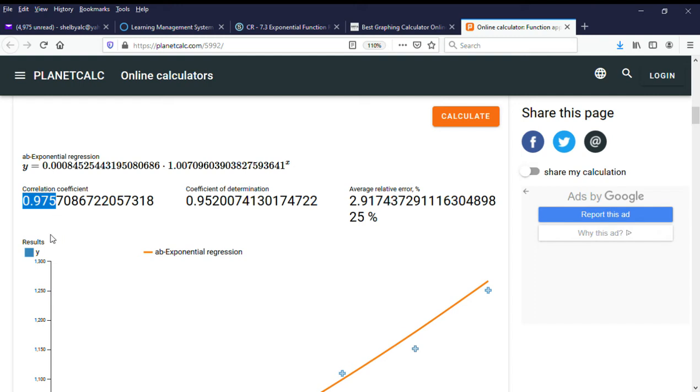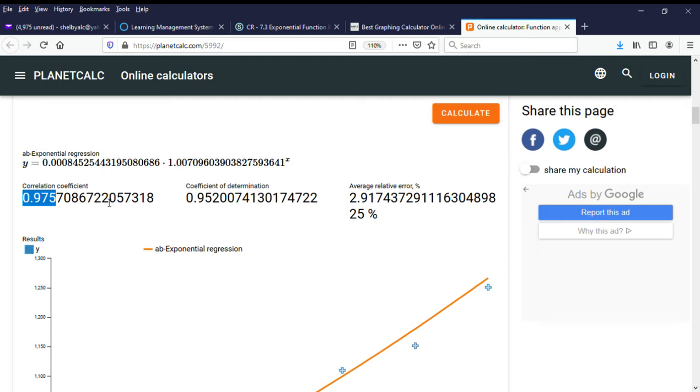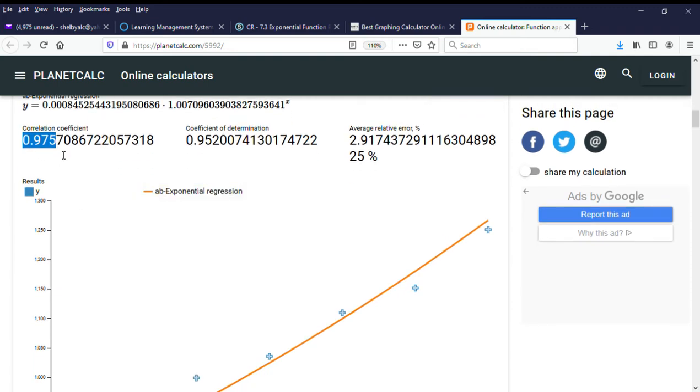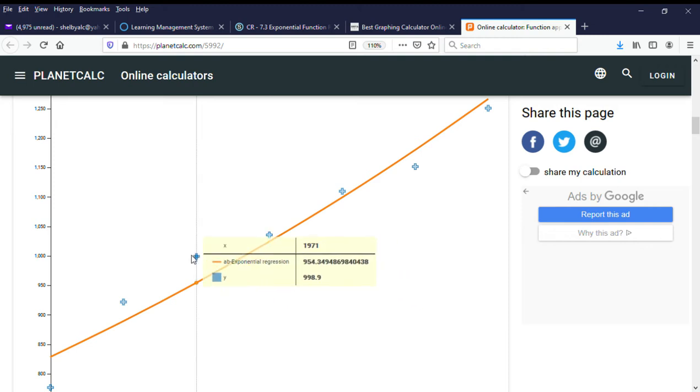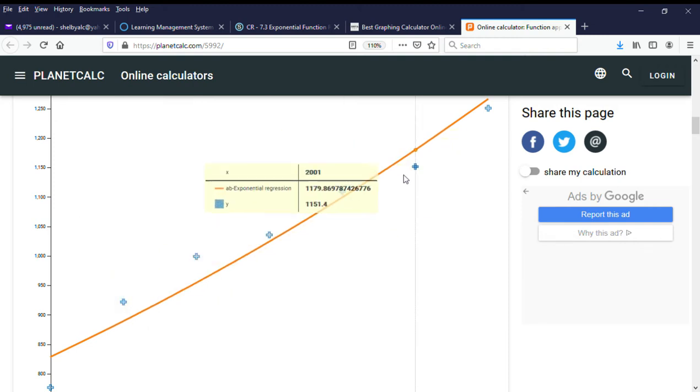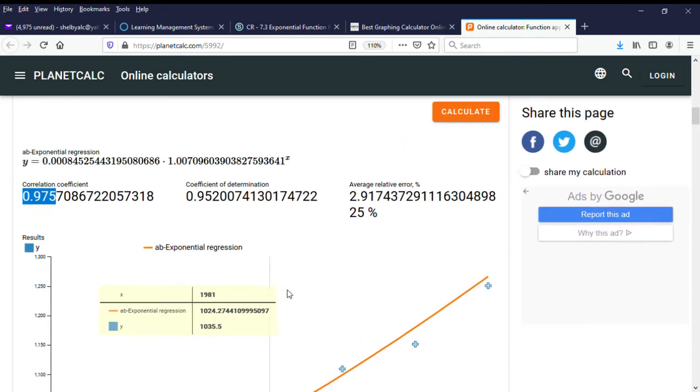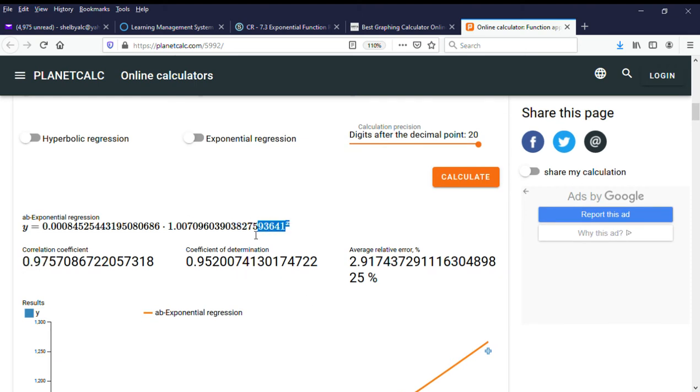That's pretty good. Remember, if the R-squared, or correlation coefficient, is 1, then you've got a perfect fit. So this is saying that the yellow line is pretty close to showing what those blue dots are showing. This then is our function of best fit, or the function that models the data.